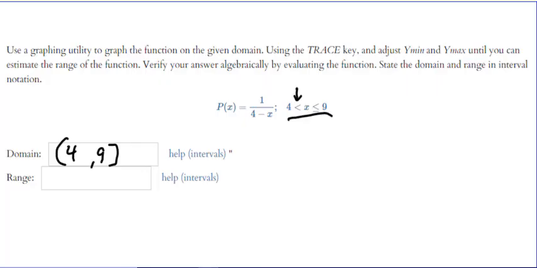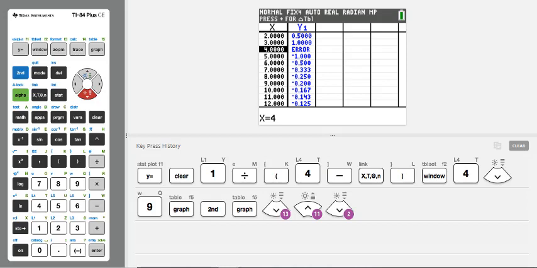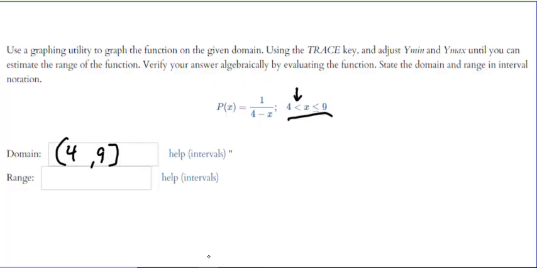So we know what the upper limit is going to be. Let me go back over. Negative 0.2. So with the bracket, comma, the range from 4 up is going to look like this.